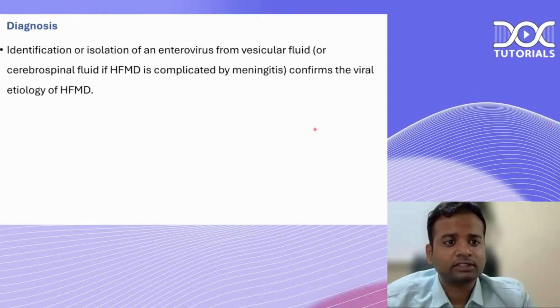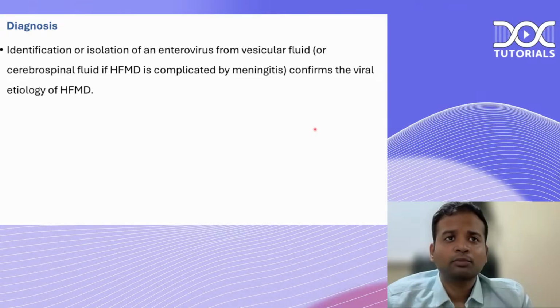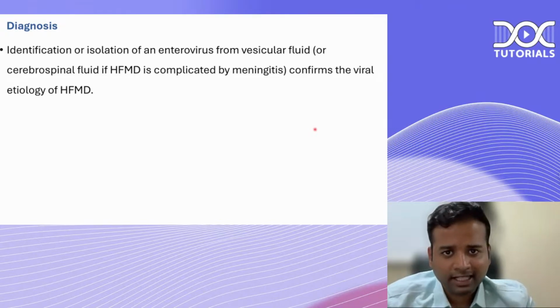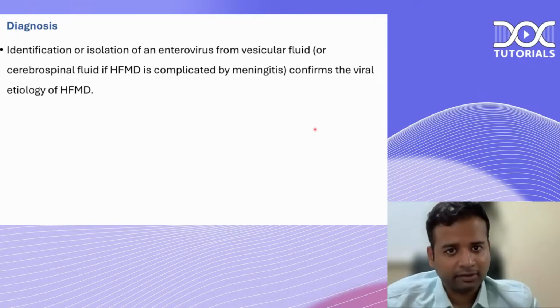So how will you diagnose? Diagnosis is by identification or isolation of enterovirus from the vesicular fluid. Children will have these vesicles. If you have doubt, most of the time it is a clinical diagnosis. But if you are unable to differentiate from other clinical infections, vesicle PCR can be done, which helps in diagnosis.